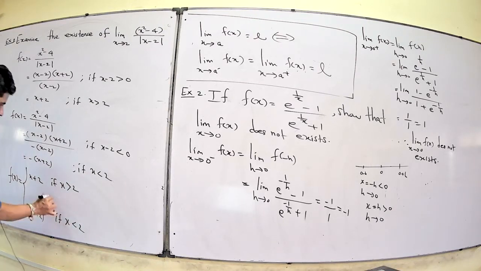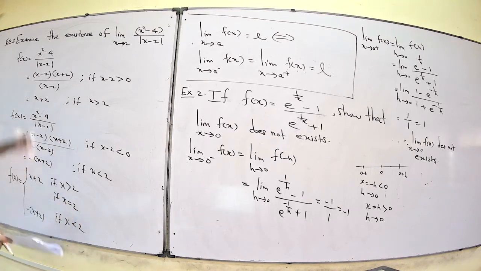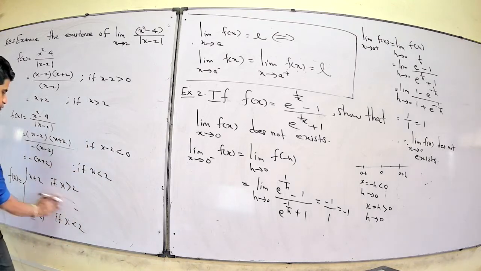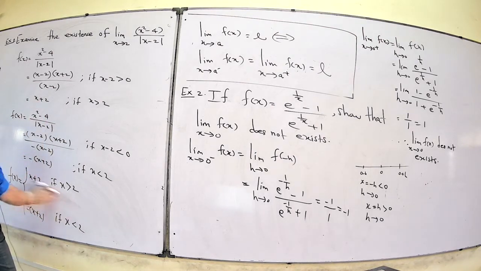What about the x equal to 2 case? If x equal to 2, what is the value? Okay, x equal to 2 case, it is 4, but in this case also minus 4, they were not equal. Okay, now you want to check the limit, left limit and right limit.